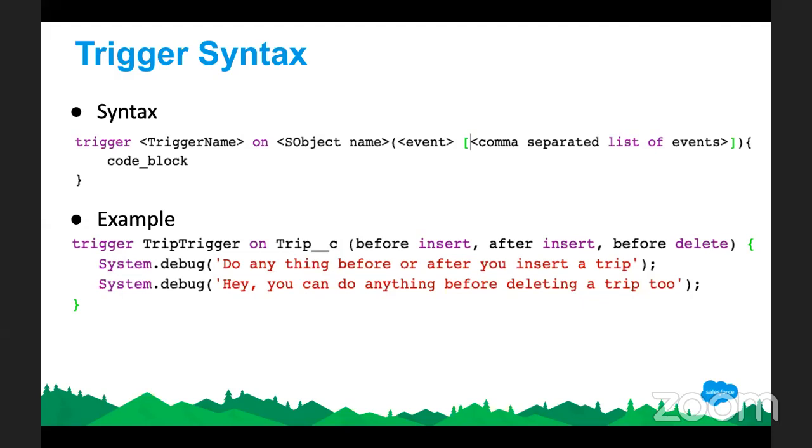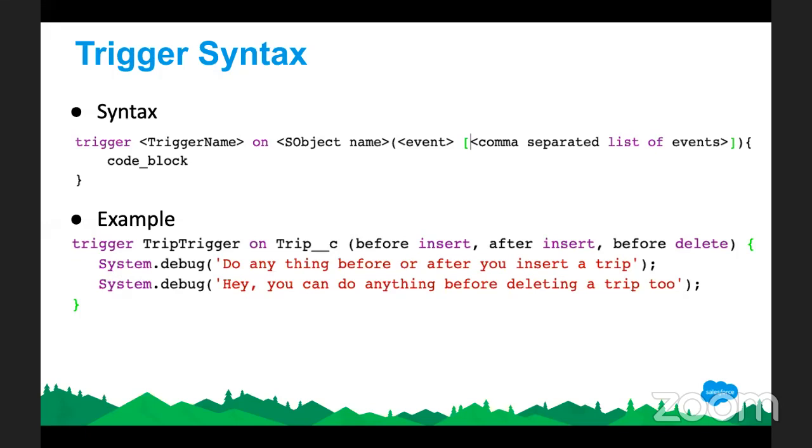So if someone does an undelete, this trigger won't mind. If we do an undelete for a trip record, if we move something back from the recycle bin, it won't do anything in the trigger. But before insert and after insert, code will work. Before delete will work. Nothing related to update will happen in this particular example.